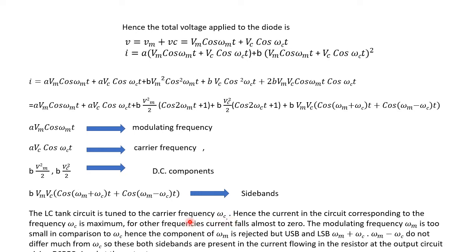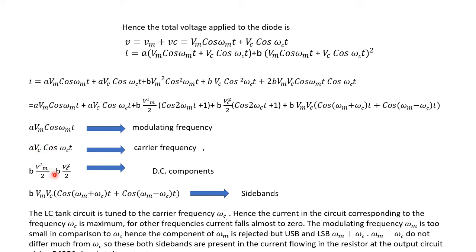It means that for this frequency omega c, the current in the tank circuit will be maximum, and for other frequencies the current in the circuit will be minimum and fall off to 0. Hence we can say that for the frequency omega c, the current will be the largest, and for a modulating frequency omega m t, the current will be minimum or nearly 0.